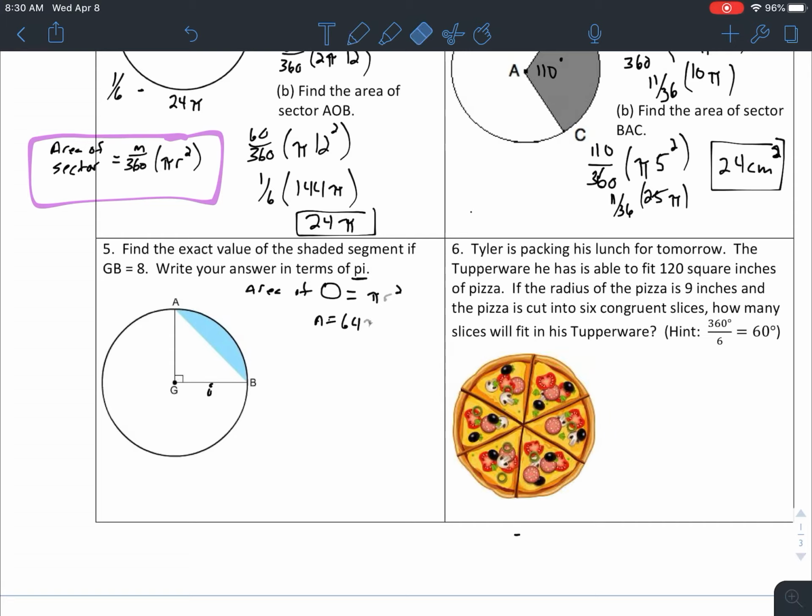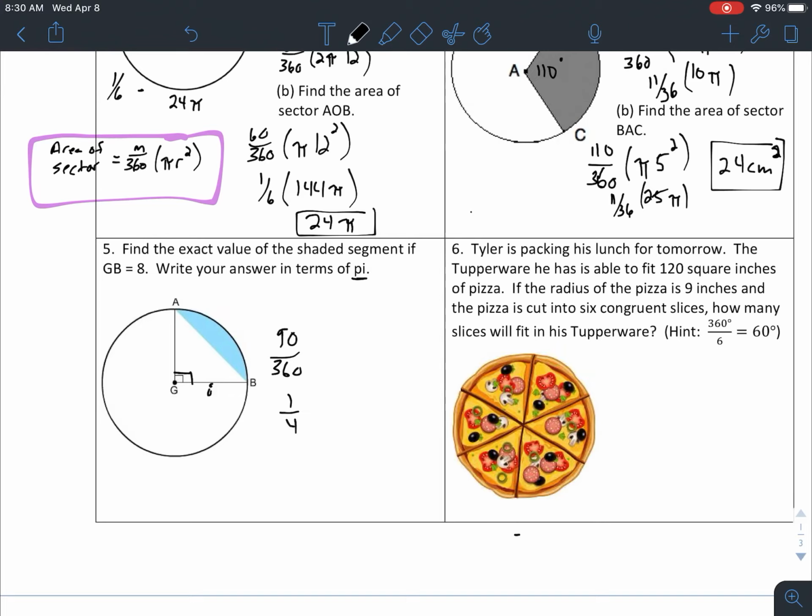So actually, let's just erase what we wrote here, okay? I'm sorry I made you guys write that, but I'm going to show you a little easier way of this, especially since this is a right triangle. So we're finding the area of this sector. So we know that this measure essentially is going to be 90 over 360, because we have that angle measure right there telling us that, which turns into being 1/4.